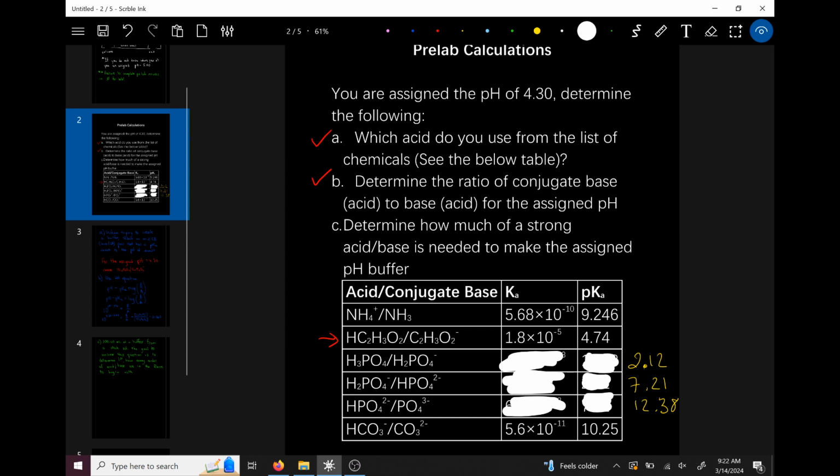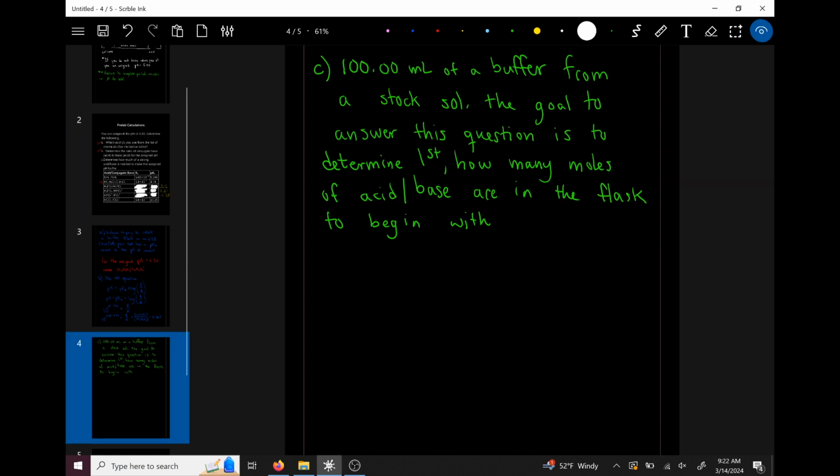Now, in the laboratory for this example, I'm going to start the calculation with acetate ion. So my assigned volume is 100 milliliters of a 0.1 molar solution of sodium acetate. And it's important to note that when you make your buffer solution, you're probably going to make it from a straight solid first. So here is just the concentration of the acetate ion, 100 milliliters of 0.1 moles per liter.